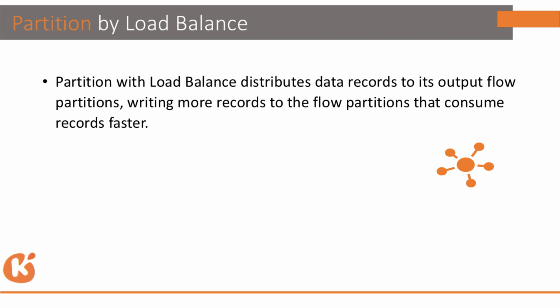So this particular partition component, partition by load balance, what will it do? It will check. Let's say we have a 4-partition output file, which means 4 CPUs. Partition by load balance will check the load on all 4 CPUs. Let's say one CPU is having heavy load, because that Unix server is not only for these Ab Initio graphs.